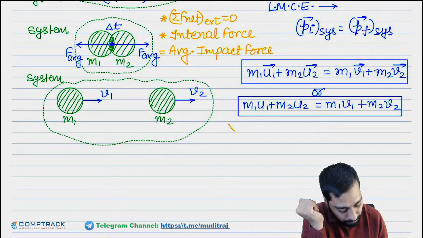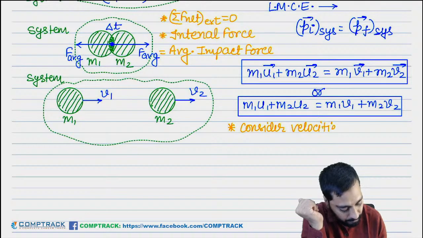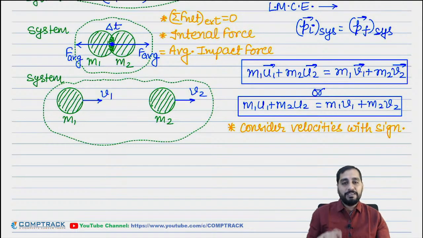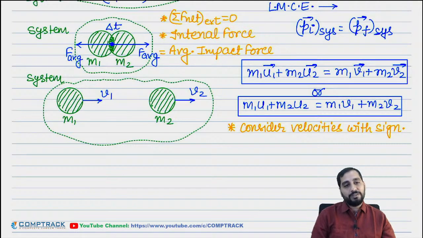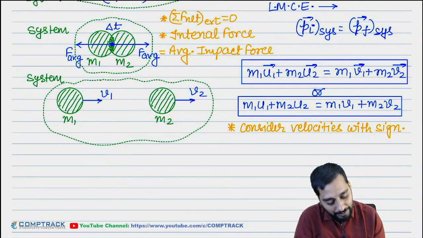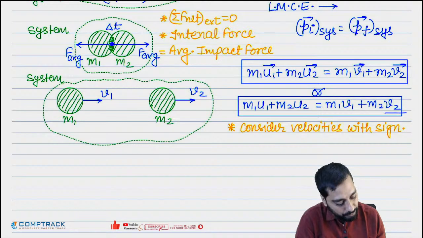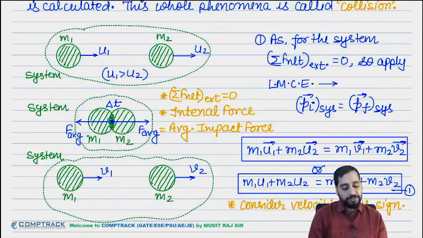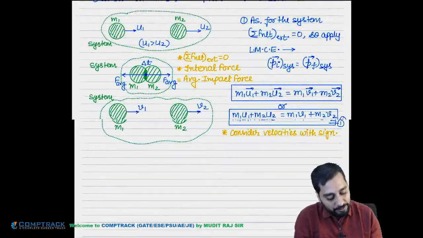Always remember, consider velocities with sign, plus or minus as per their directions. So this will be our first equation for impact and collision. The first equation is nothing but the linear momentum conservation equation.